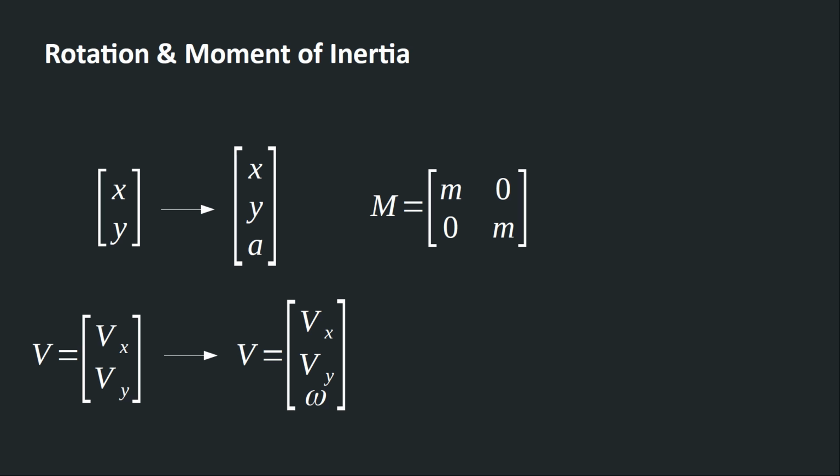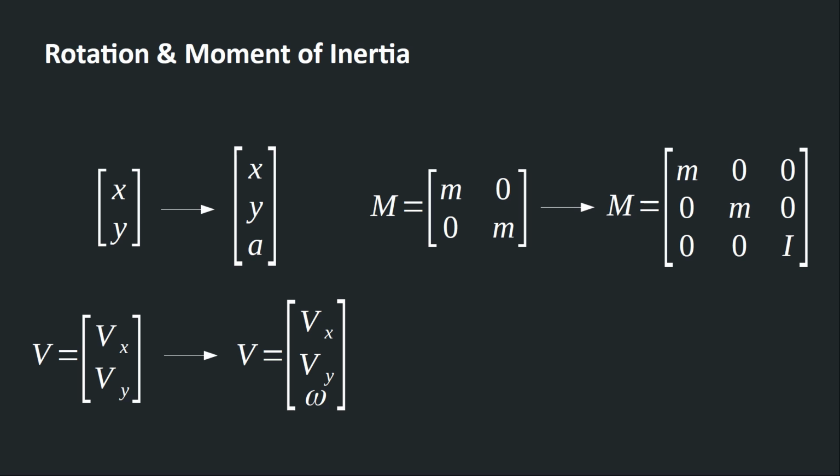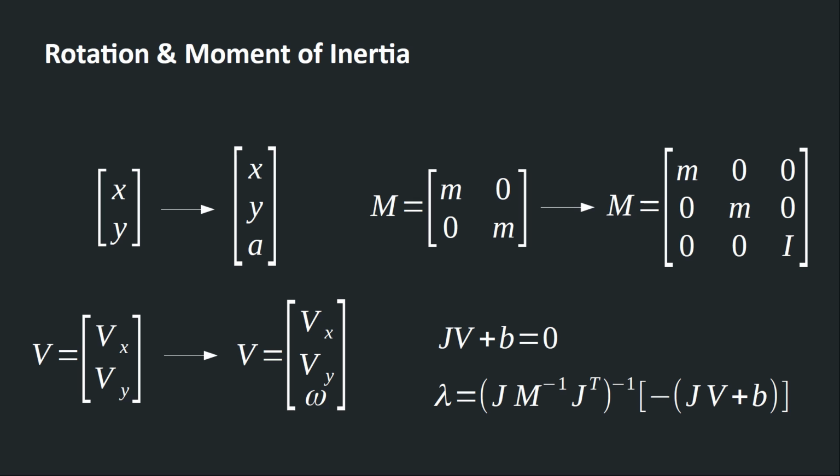Also, we're going to expand our 2x2 mass matrix to include a third diagonal term, which is I, the moment of inertia. Think of it as angular mass, how hard it is to rotate an object. Even with all these changes, conveniently, all the formulas we derived so far remain the same.